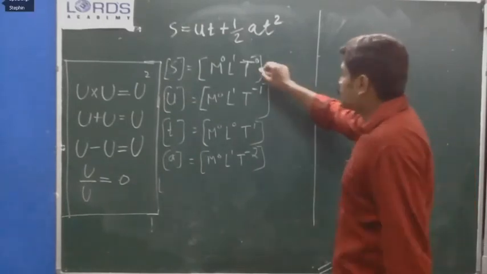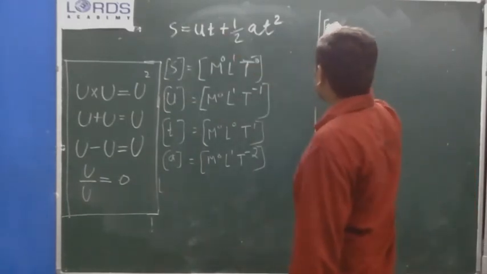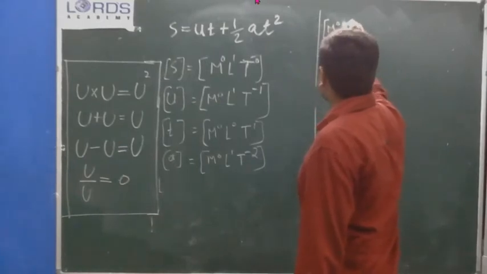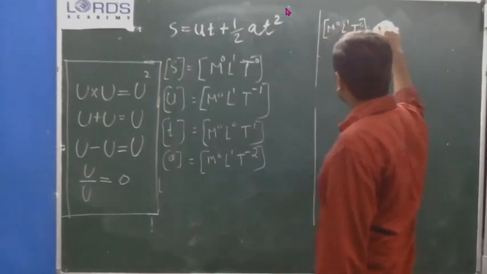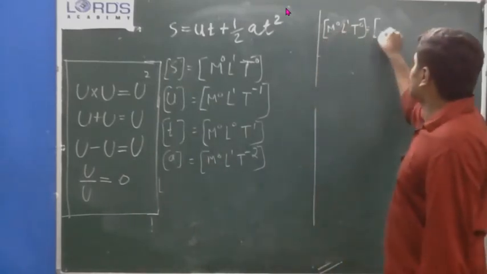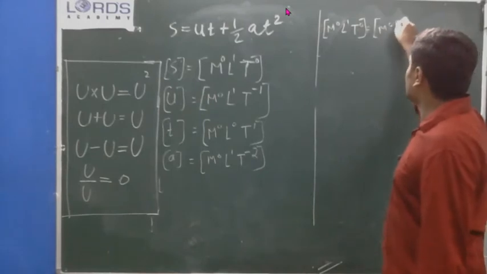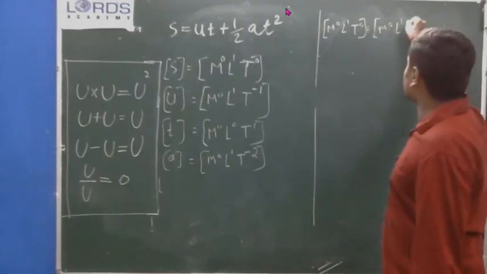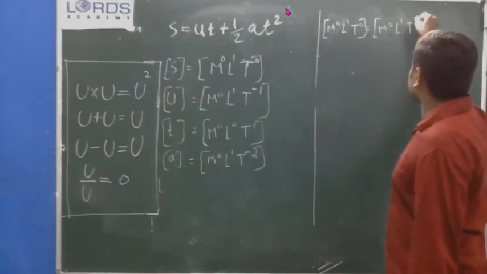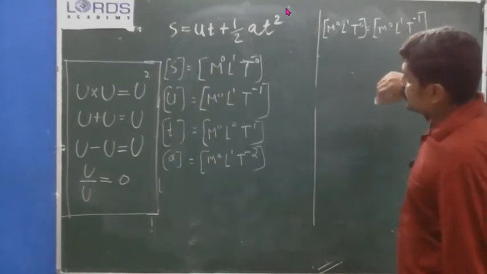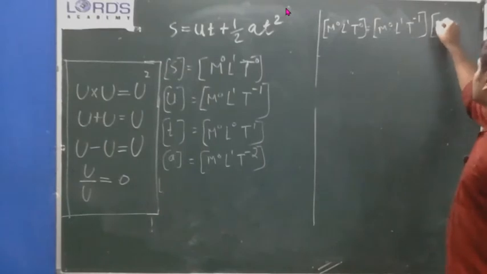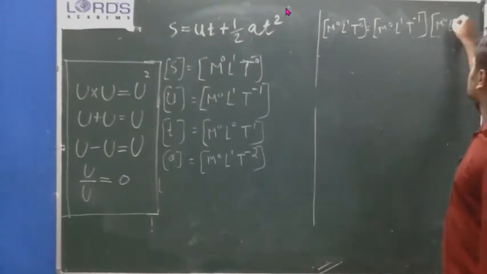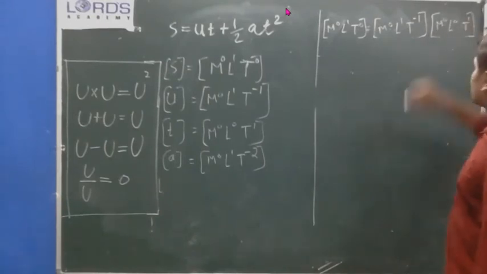So instead of S we can write M raised to 0, L raised to 1, T raised to 0 equals, instead of U, M raised to 0, L raised to 1, T raised to minus 1, then T is M raised to 0, L raised to 0, T raised to 1.